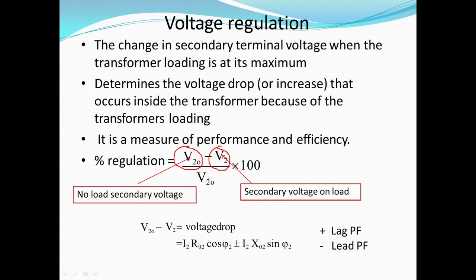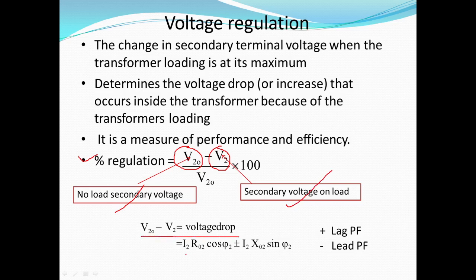So the regulation gives an idea about the voltage change from no load to full load. V20 is the no load secondary voltage, and V2 is the secondary voltage on load. So it gives the voltage drop.